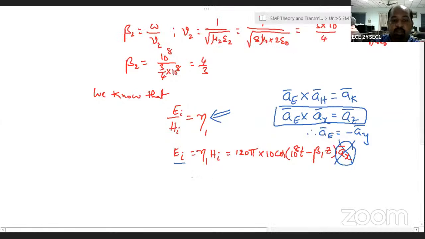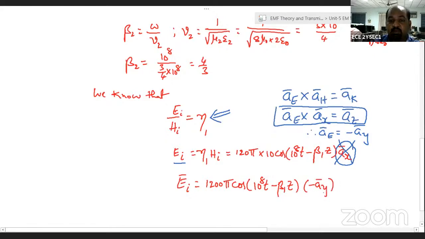Therefore Ei bar is equal to 120 pi into 10, so 1200 pi cos(10^8 t minus beta 1 z) minus aY bar, right?